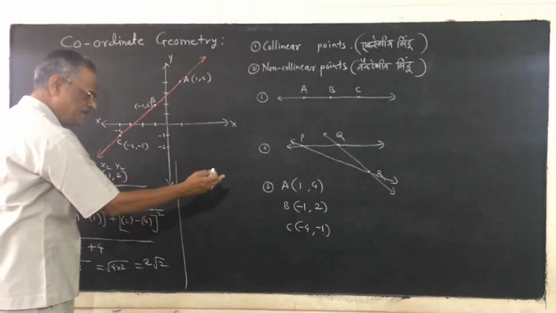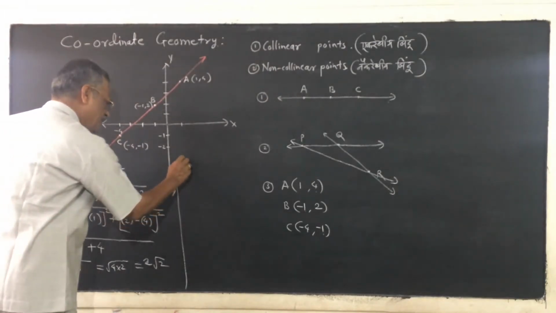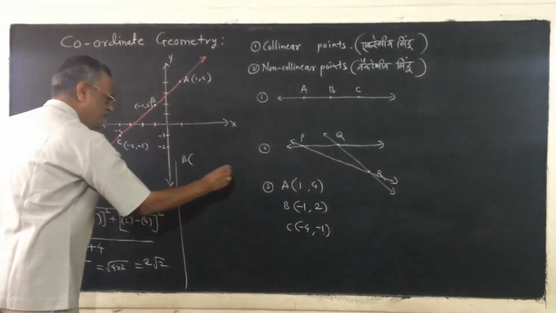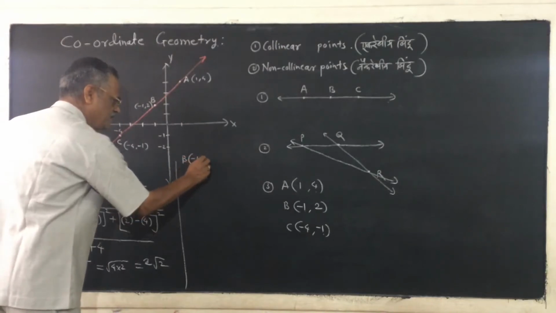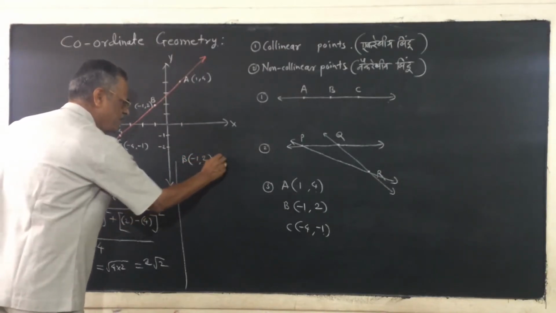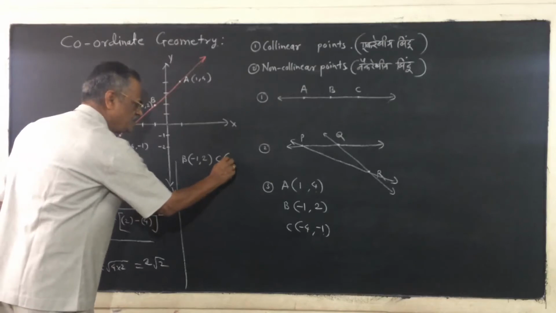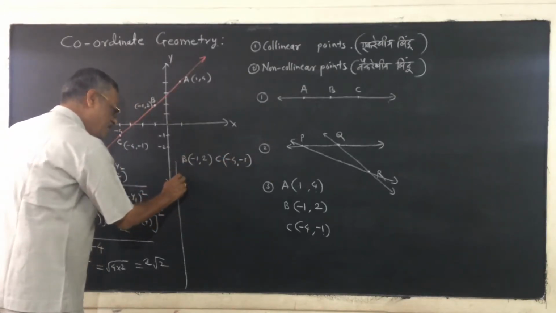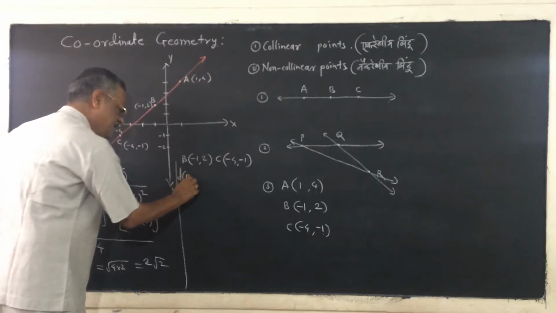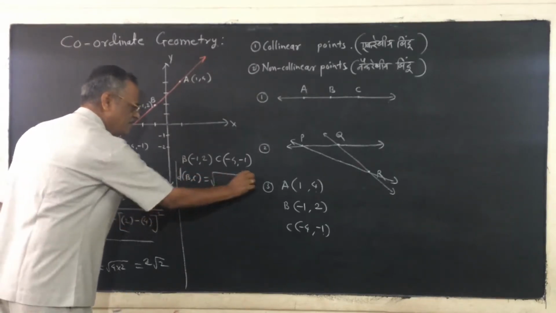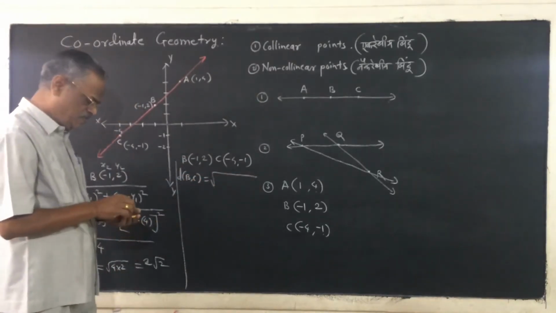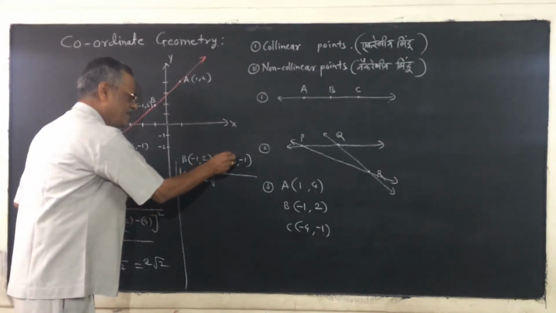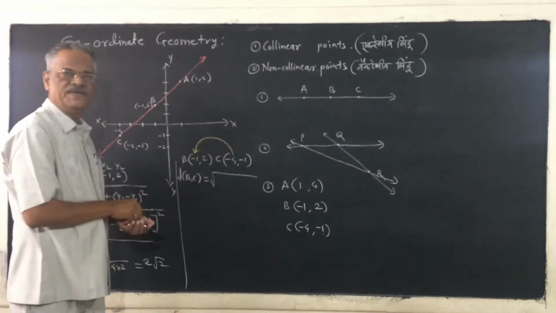Distance between B and C. B point -1, 2 and C point -4, -1. So use the same formula. Distance BC is equal to under root x2 minus x1 bracket square.